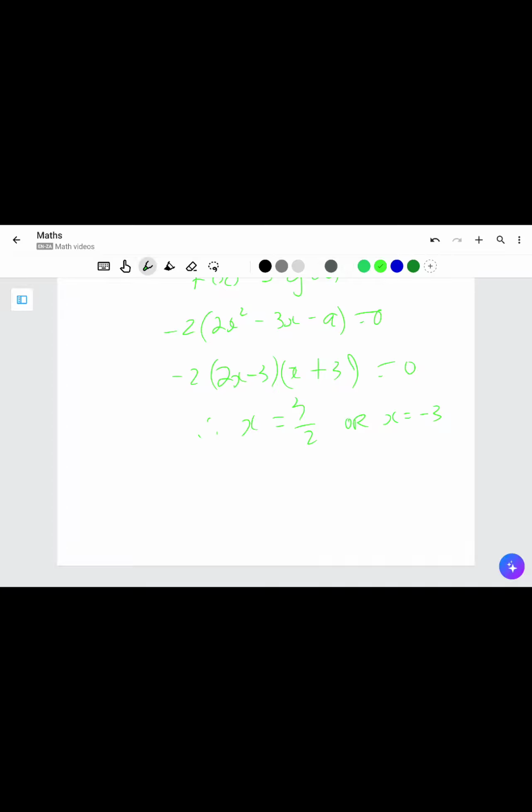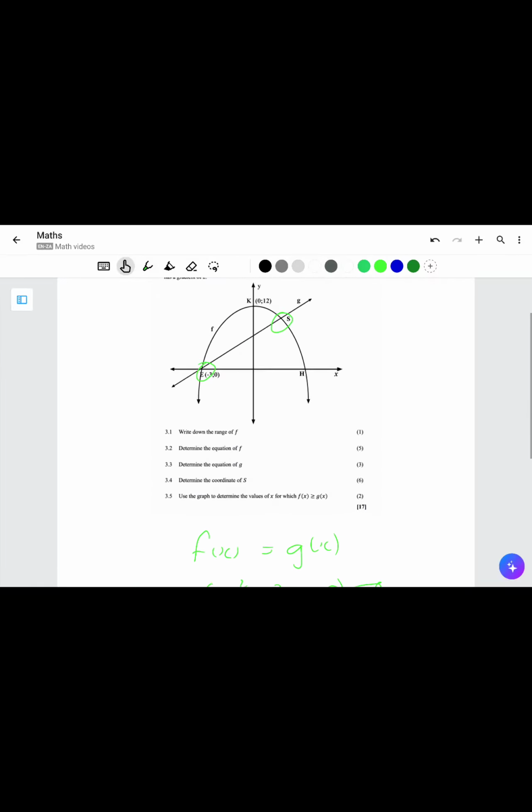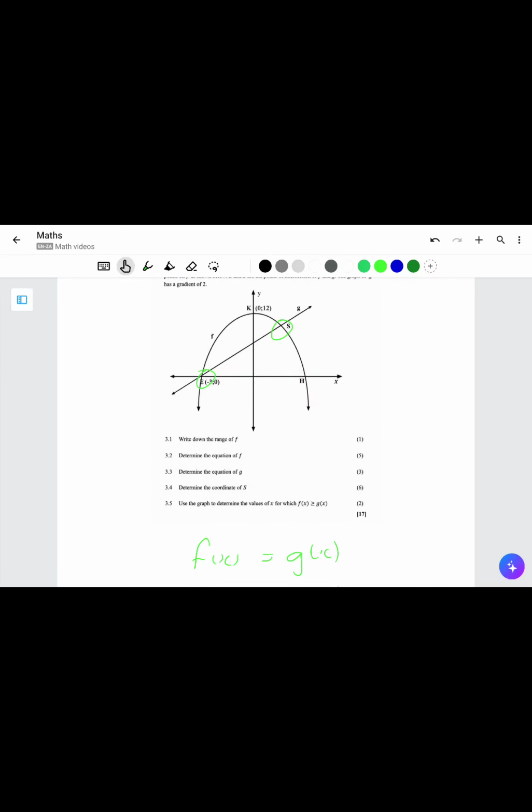So at point S, the x value must be positive. You guys with me? If you remember, if we look over here, where that S is, can you see right there?